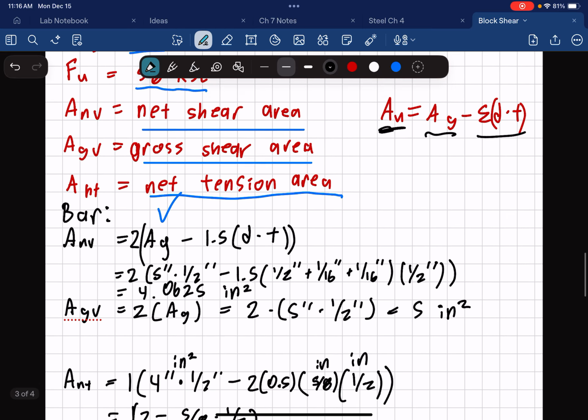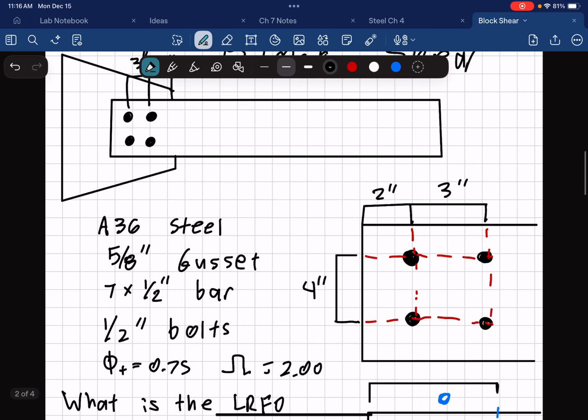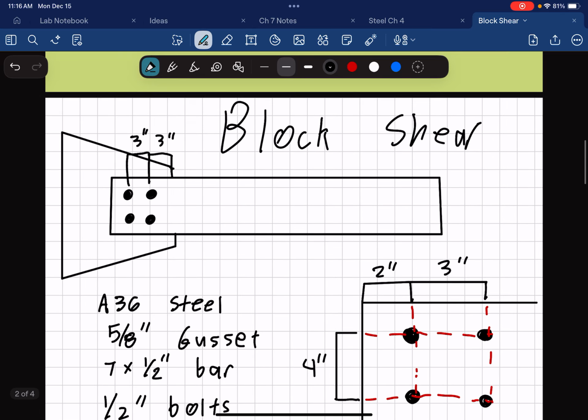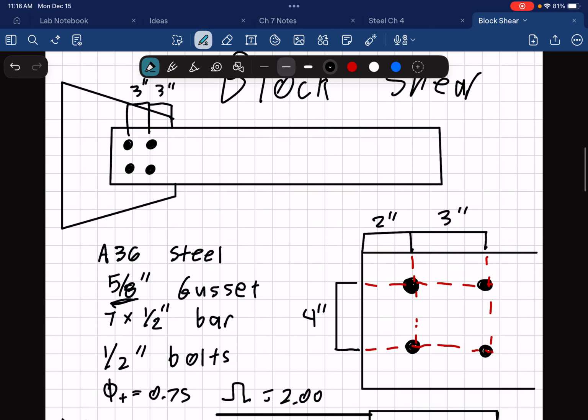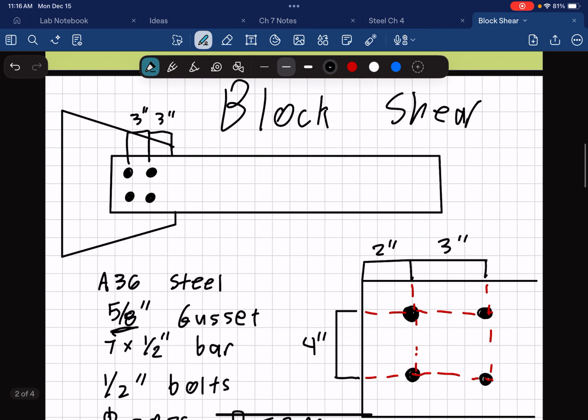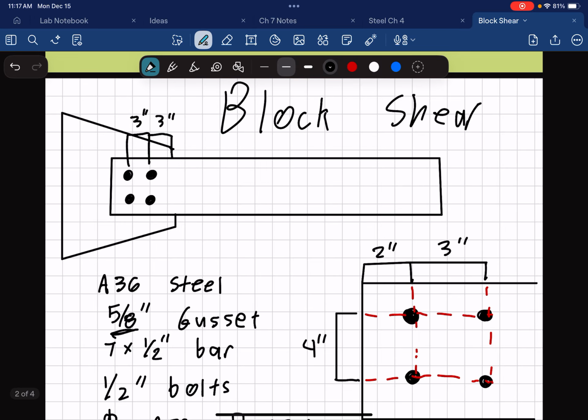So, if we're looking at our gusset, we'll see that we have slightly different spacing and that we also have a 5/8 inch angle. Now, the bolt holes are going to be exactly the same because we're still dealing with a 1/2 inch bolt, and therefore we're still going to have to calculate the 16th plus the 16th, which gives us a 5/8 hole. But the 3 inches is important, and this will remain as 4 inches.